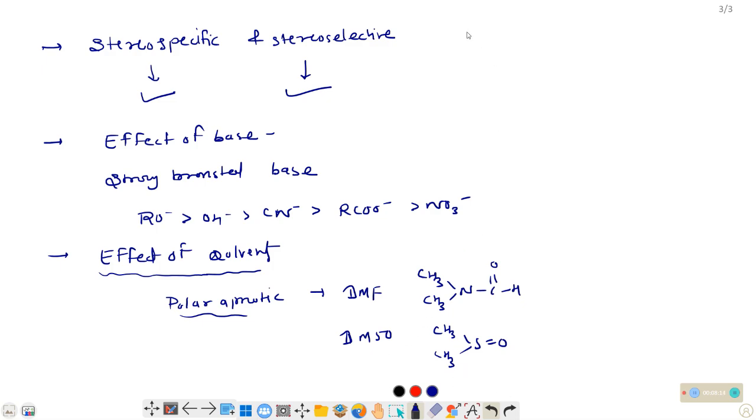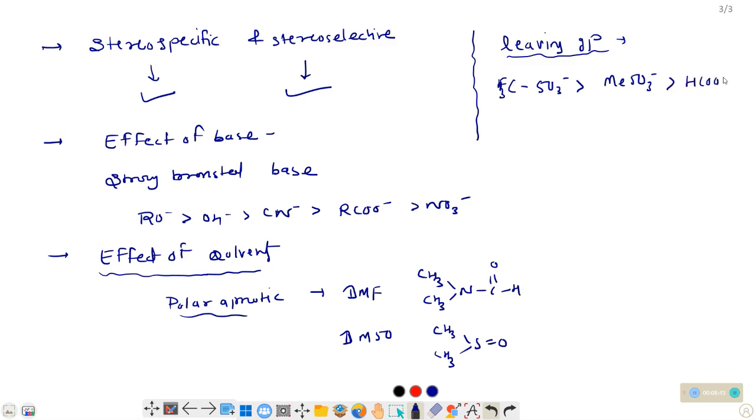Another one is the leaving group. A good leaving group should be there. It will increase the rate of reaction, like CF3SO3 minus, MeSO3 minus, HCOO minus.